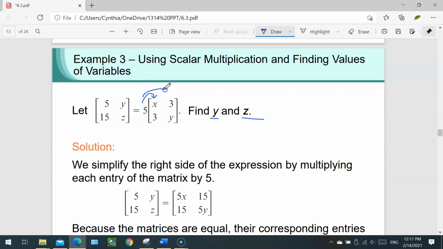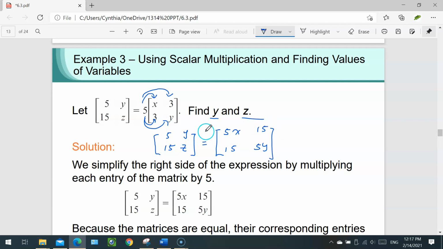Five is a scalar. I'm going to multiply it into each element of your right hand side matrix. The left hand side we keep the same. Now the right hand side matrix, I will have 5x, 15, 15y.